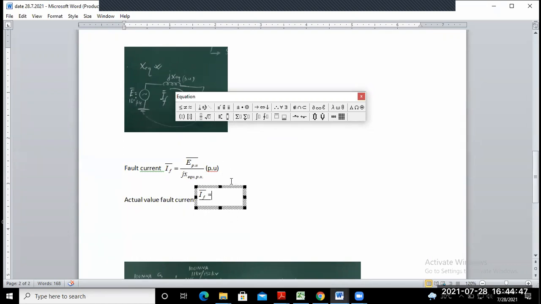So IF in per unit into I base. So IF in per unit into I base value.